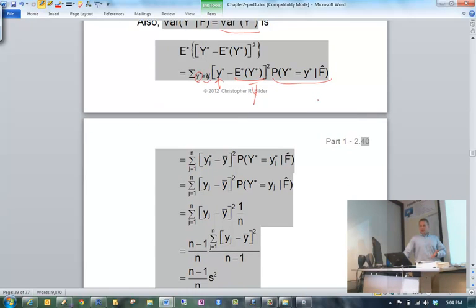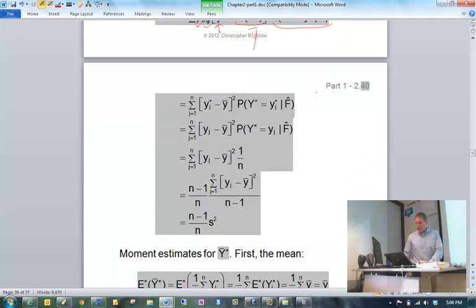Go through similar details, and you get this: 1 over n times the sum of yj minus y bar squared. Or if you want to, you can go a little step further and compare it to what s squared is: n minus 1 over n times s squared. So you can see you get very, very close to the usual unbiased sample variance.